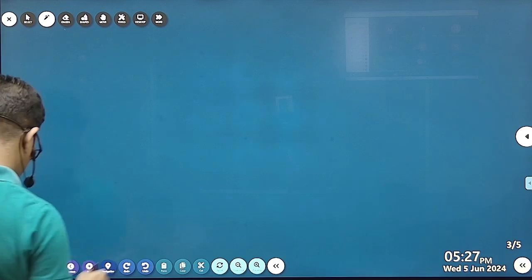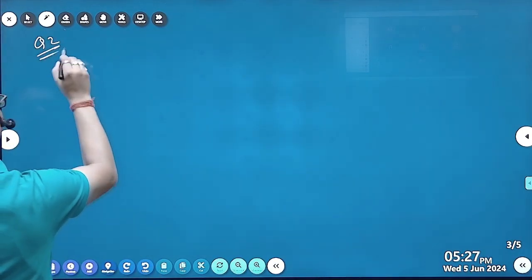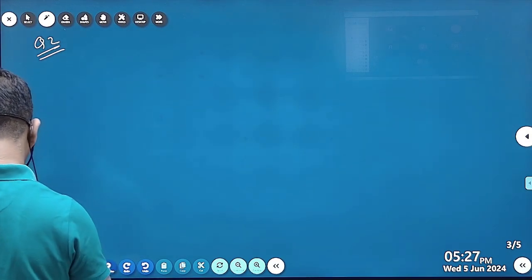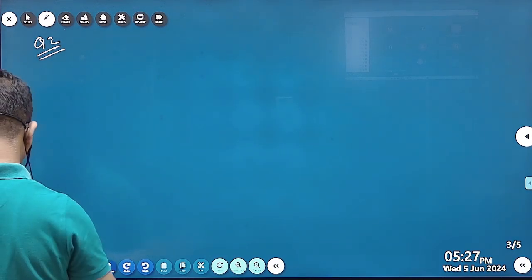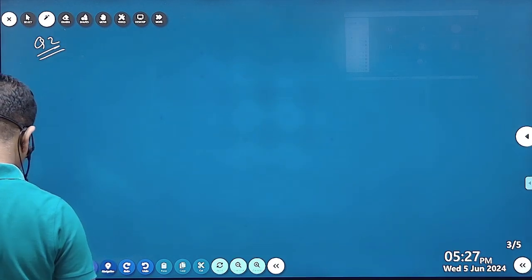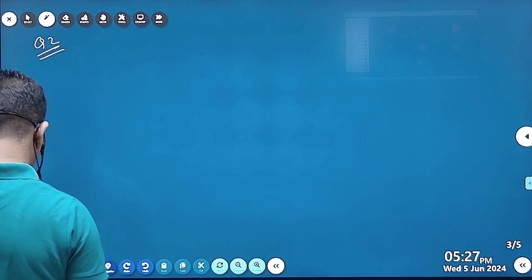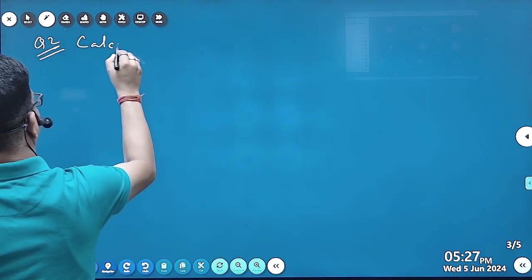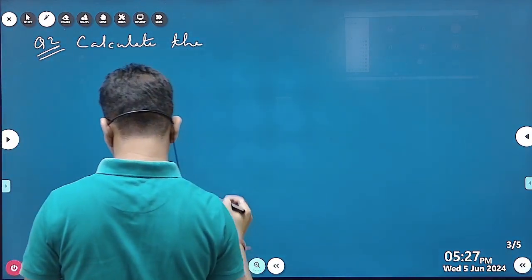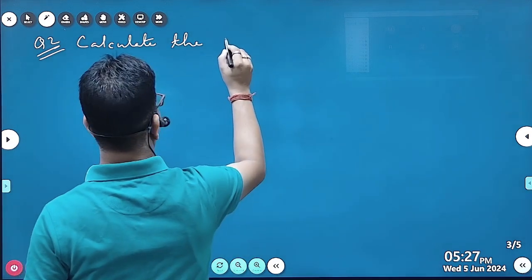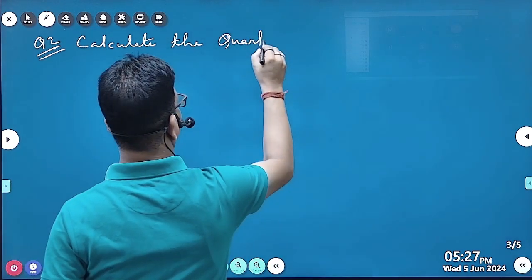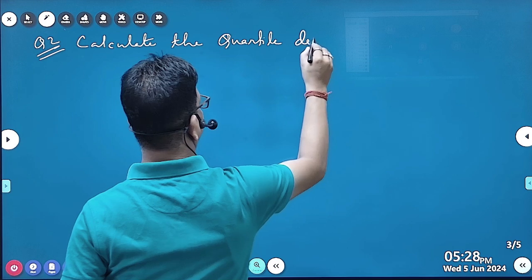Okay. So question 2. You'll understand why this question is particularly taken. Once again, calculate the quartile deviation and its coefficient.